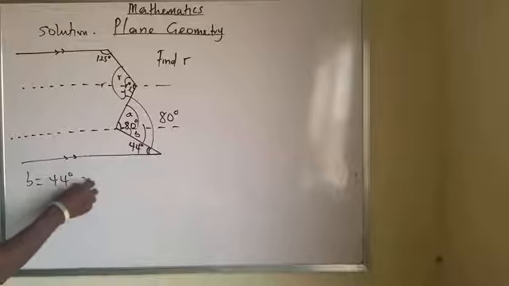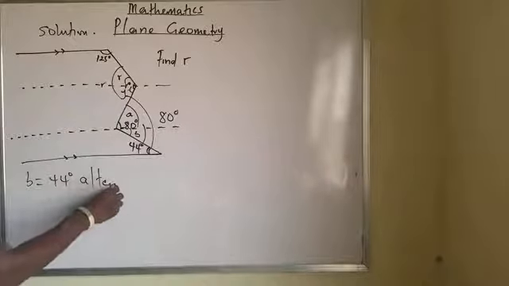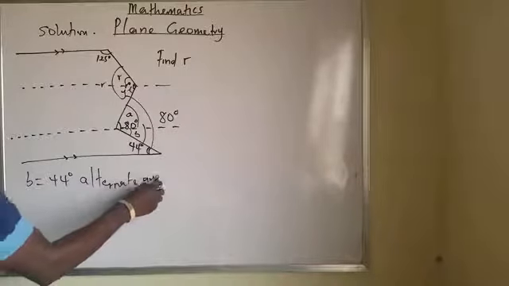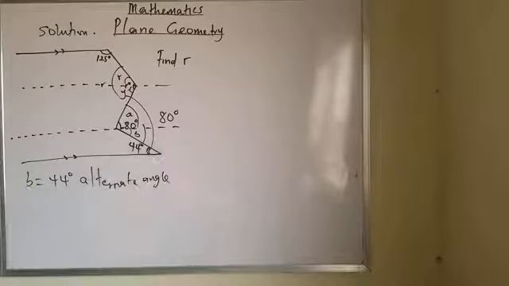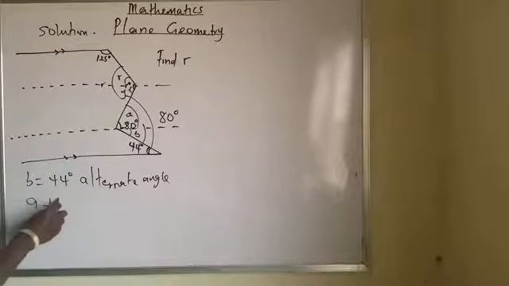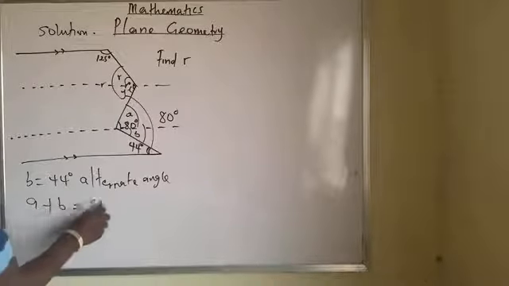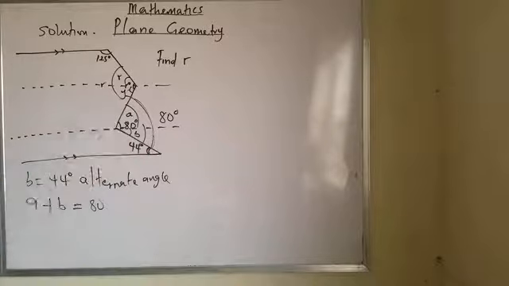What am I trying to tell you? We are talking about alternate angles. Since I have that, I can now say that B plus A plus B equals 80. From here to here equals 80.